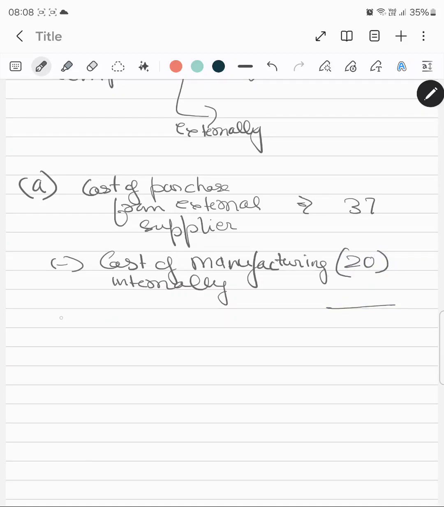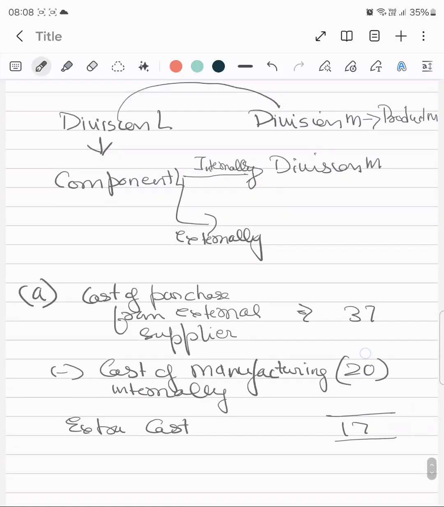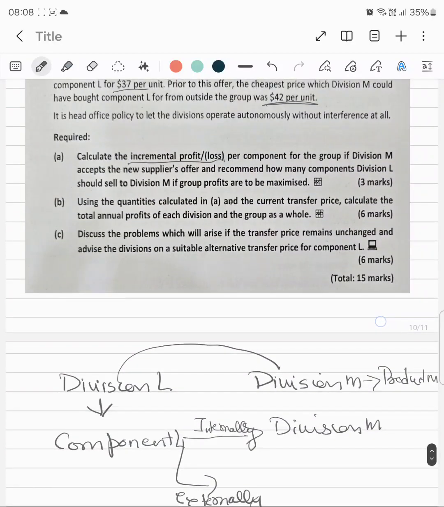And how much extra cost? The extra cost will be 17. So this is the incremental cost, and this is the scenario.